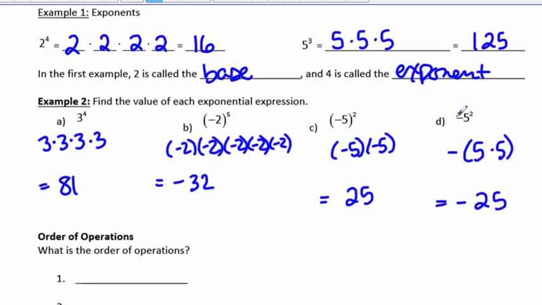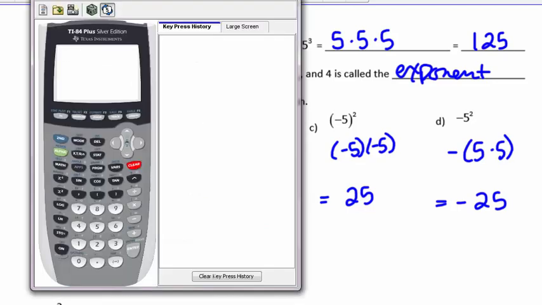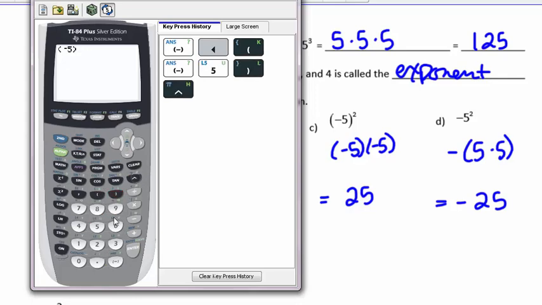Now, the only difference between part C and part D is whether or not there were parentheses, so it's very important to pay attention to whether or not you mean for there to be parentheses when you type something into your calculator to use an exponent. For example, if you wanted to square negative 5, you would need to type the negative 5 in parentheses, then square it.